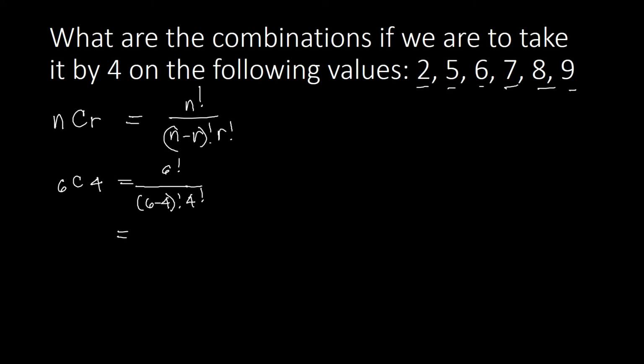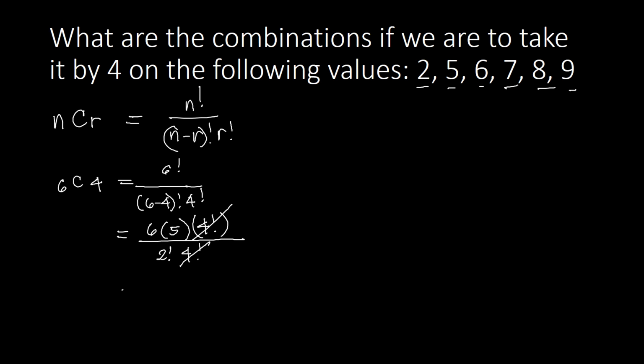So this will be equal to 6 factorial. That would simply mean 6 times 5 times 4 factorial. We are writing 4 times 3 times 2 times 1 as 4 factorial because we wish to cancel something out so that it will be easier for us to do the multiplication. Now again, we have 6 minus 4, that will be 2 factorial times 4 factorial. We can just simply cancel this out.